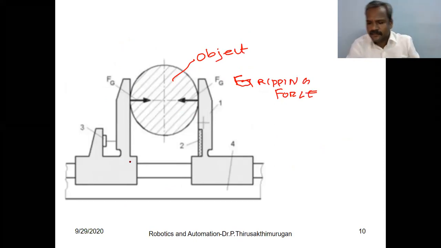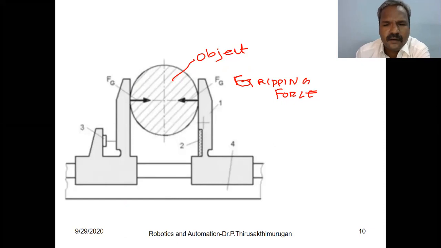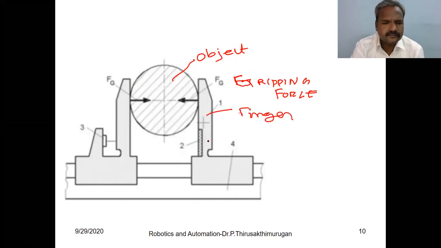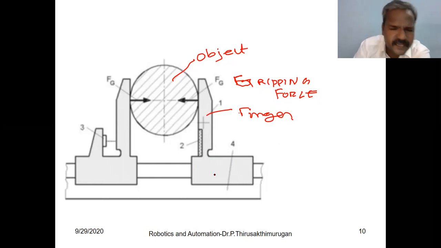Okay, 3. So this 2 is the slip sensor. One is the finger. 4 is the housing, gripper force.